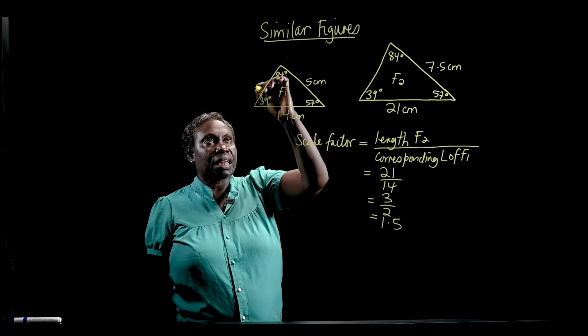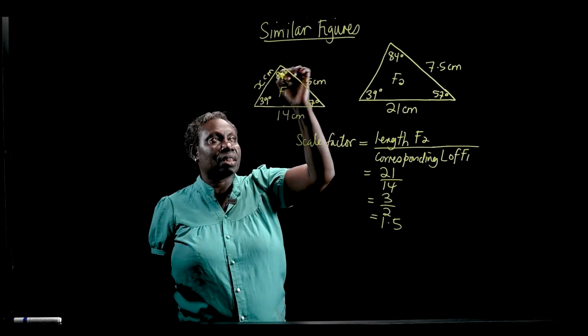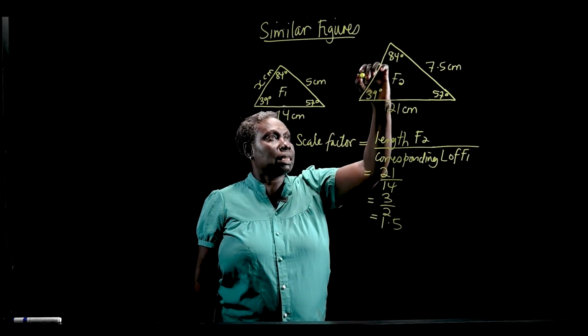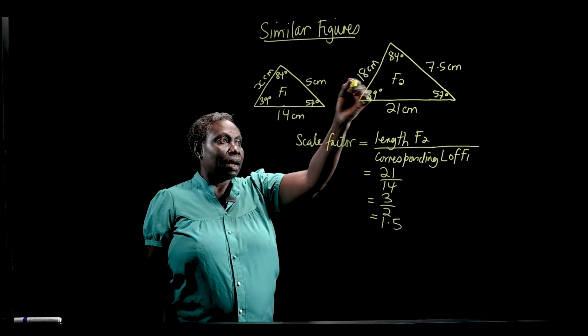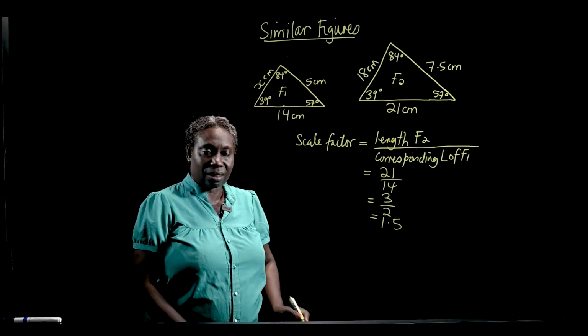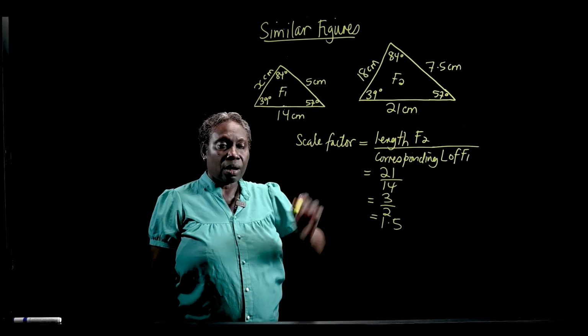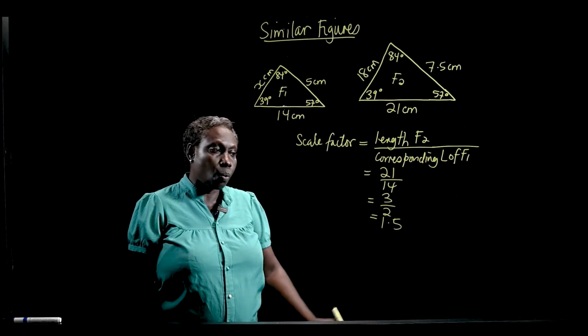Now, let's say this side is unknown, x centimeters, and this side here is 18 centimeters. Let's use the scale factor to find the unknown side x. Our scale factor is the length of figure 2 over the corresponding length of figure 1.